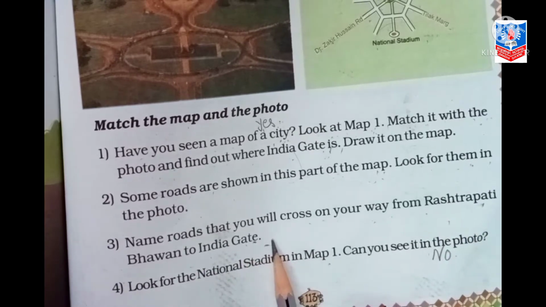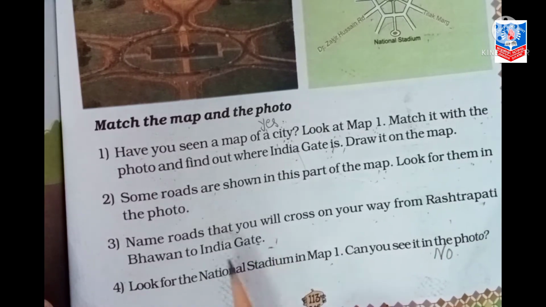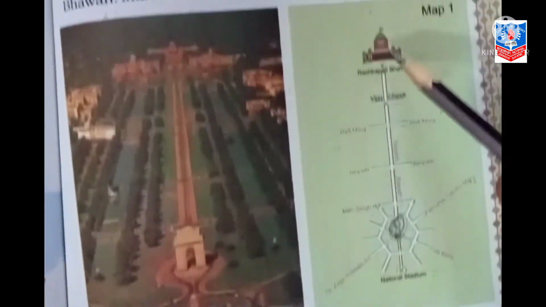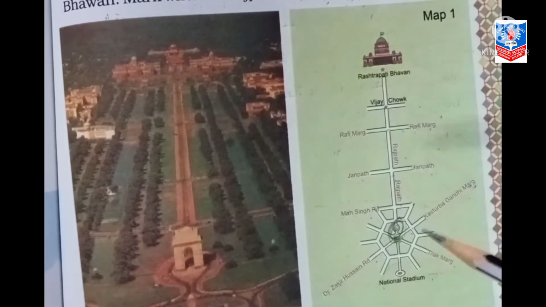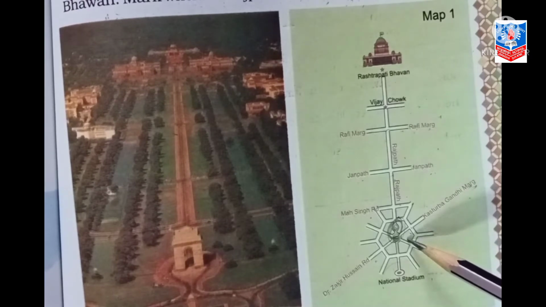Okay. Now our third question is, name the roads that you will cross on your way from Rashtrapati Bhavan to India Gate. Now see, here is Rashtrapati Bhavan and here is India Gate. So you have to name the roads.